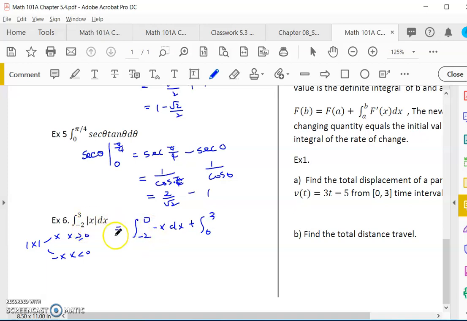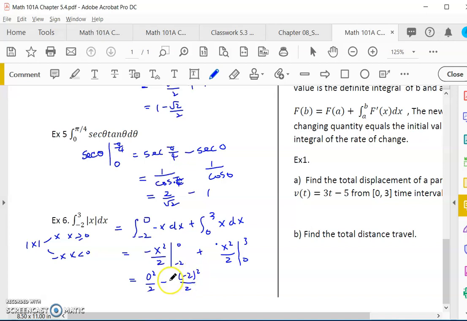So these two are separate, right, due to definite integral properties. But because they're positive there, I will just write x dx. And then when I do the antiderivative, I will have negative x squared over 2 from negative 2 to 0, plus x squared over 2, not negative, from 0 to 3. Now for the first one, you have to do negative 0 squared over 2 minus negative of negative 2 squared over 2.